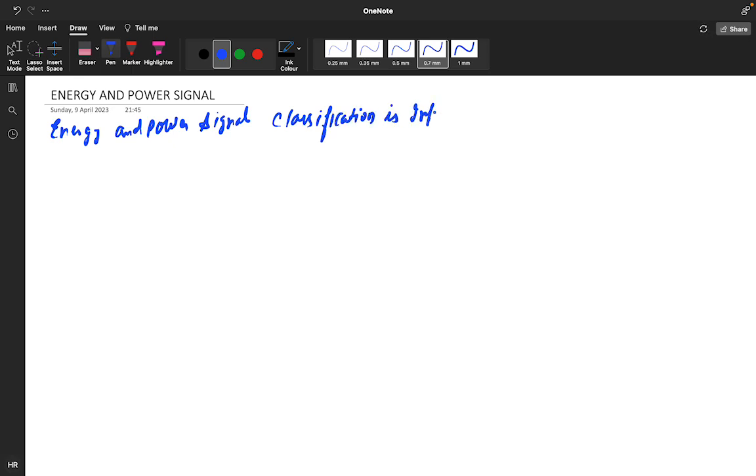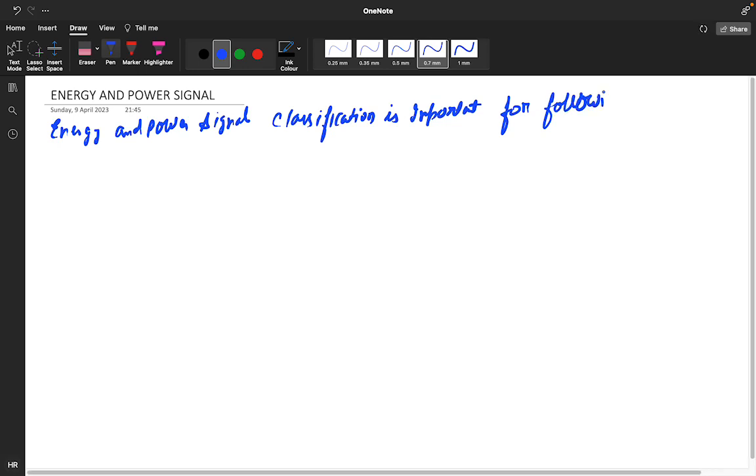So what is that calculation? Energy spectral density and power spectral density.